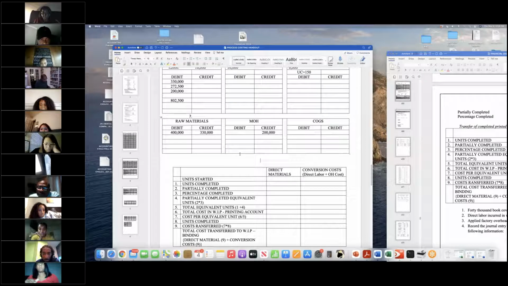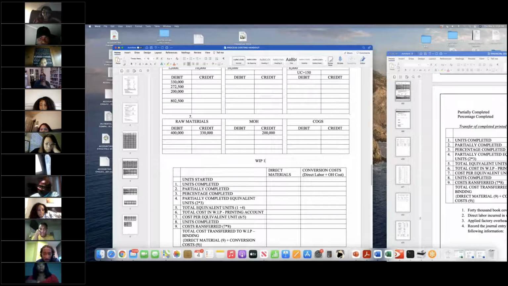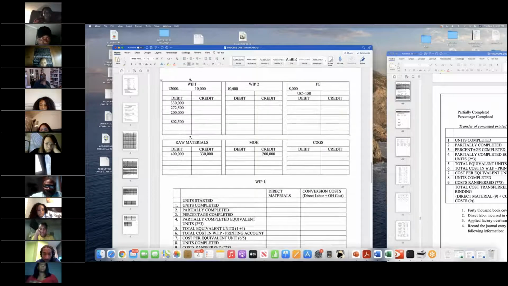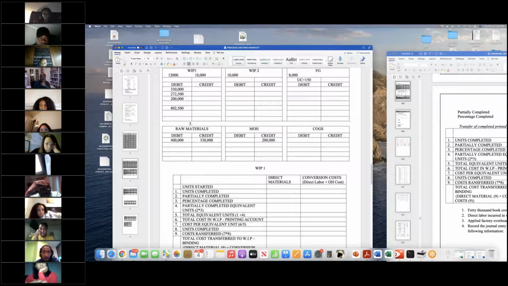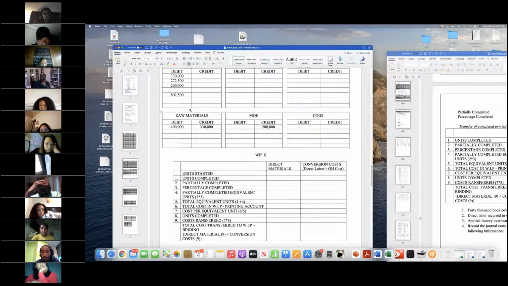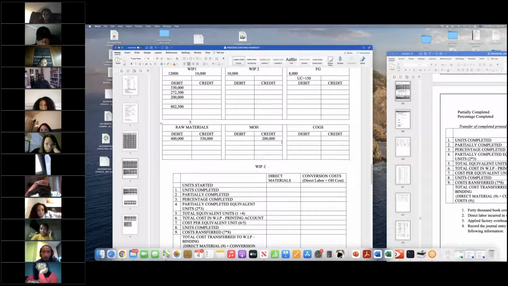This is the one we're using for working process one. We are separating the cost between direct materials, 330, then the processing cost, 472,500. We're going to start on the direct materials to determine how much of the direct materials we're going to transfer out.